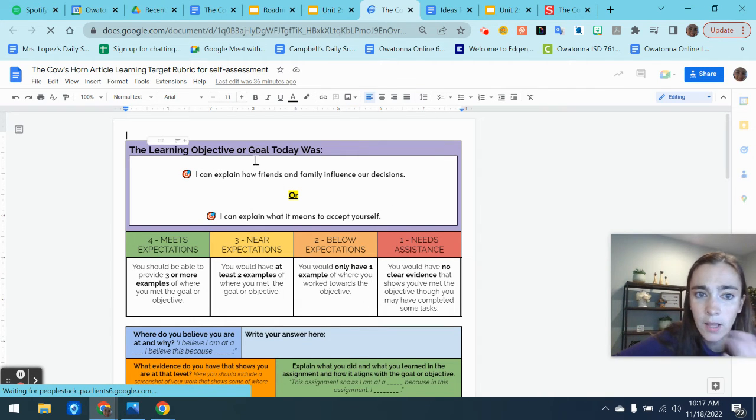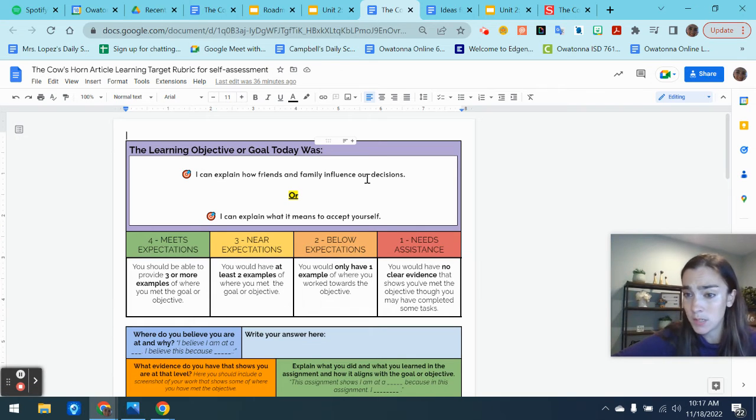It says the learning objective or goal was to answer one of these two objectives: I can explain how friends and family influence our decisions, or I can explain what it means to accept yourself. For one of those two, we have to decide how fully you met that objective. So we have a 4, 3, 2, or 1. Take a look at what each of those descriptions mean.